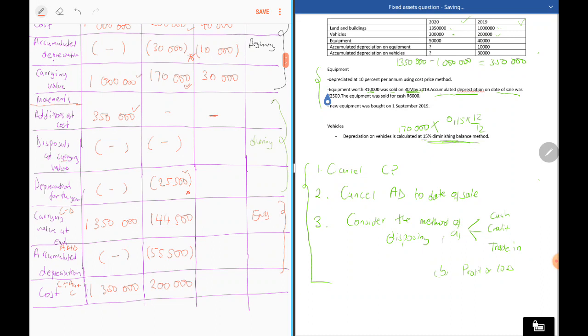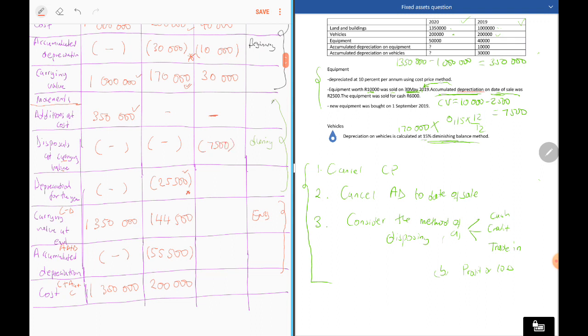So please note, they said equipment worth 10,000 was sold on 30 May, and the accumulated depreciation on date of sale, meaning the accumulated depreciation on 30 May, was how much? 2,500. So you can simply calculate the carrying value by saying 10,000 subtract 2,500, which is 7,500. That's the carrying value.